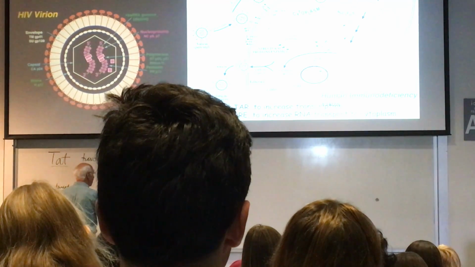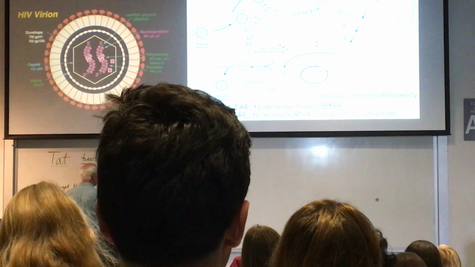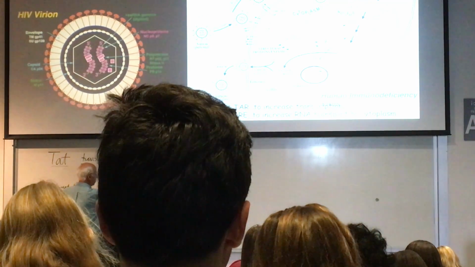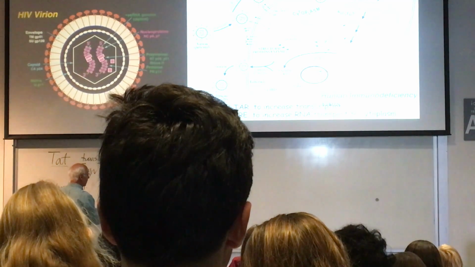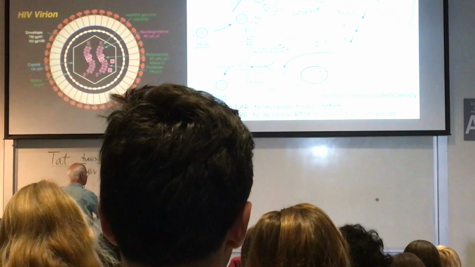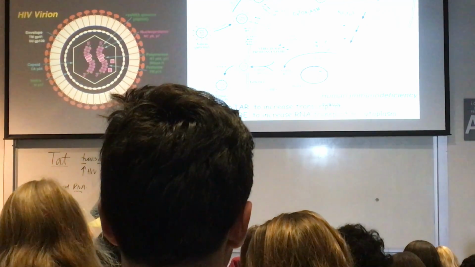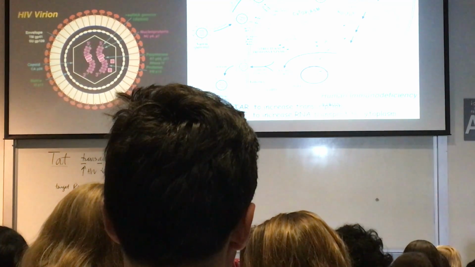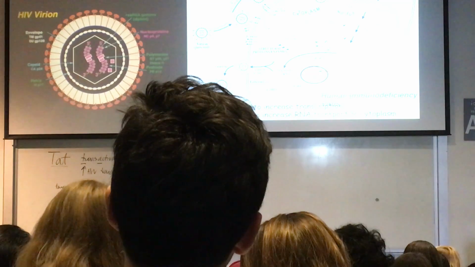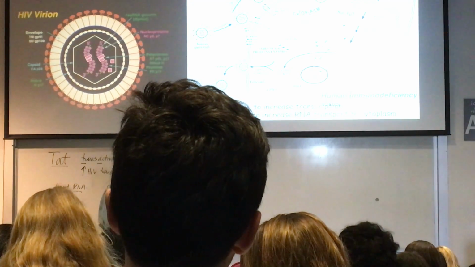So Pol2 binds, and RNA polymerase 2 has what's called a CTD. So a CTD is the C-terminal domain of RNA polymerase 2.